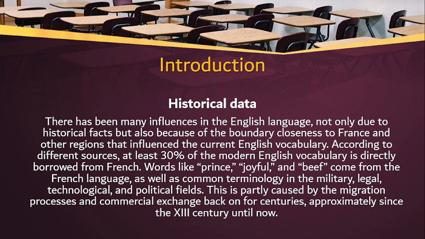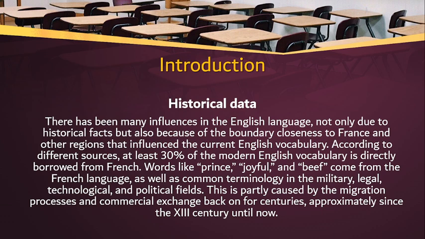Okay, the introduction. We have the ET ending or suffix. Well, this is just historical data. There have been many influences in the English language, not only due to historical facts, but also because of the boundary closeness to France and other regions that influence the current English vocabulary. According to different sources, at least 30% of modern English vocabulary is directly borrowed from French.